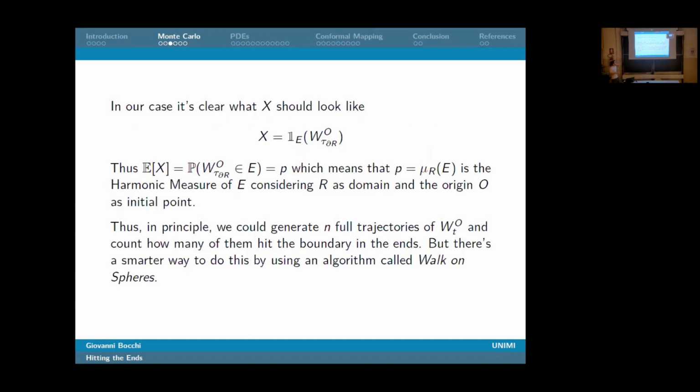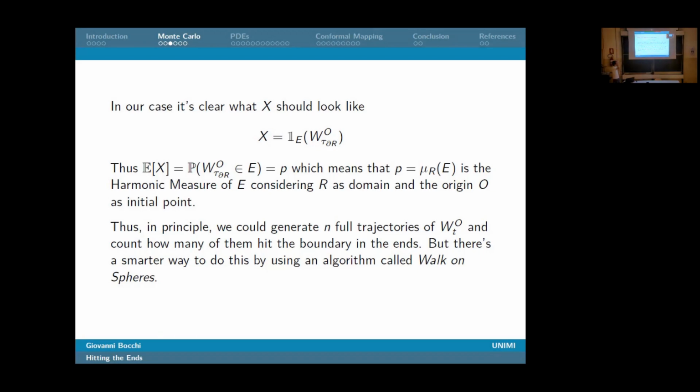Let's see what we can do in our case. In our case, it's pretty clear what X should look like. We take a Brownian motion that starts from the origin of the rectangle, we let it evolve till it hits the boundary.